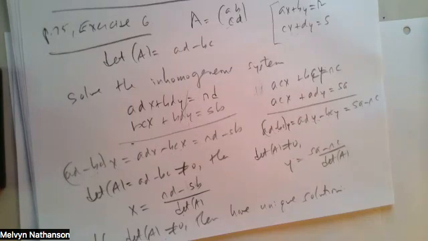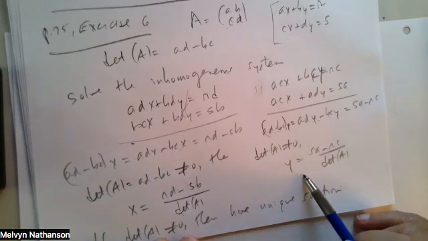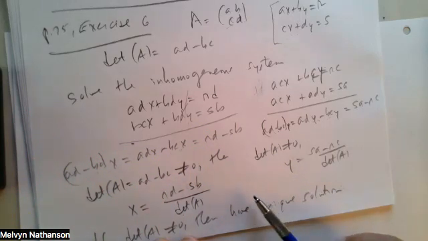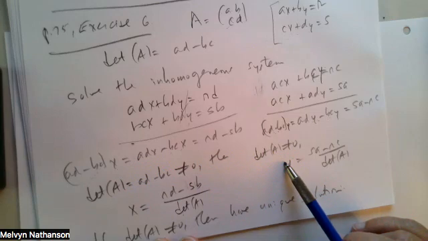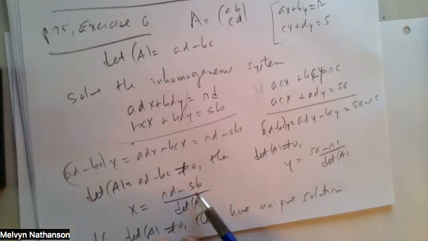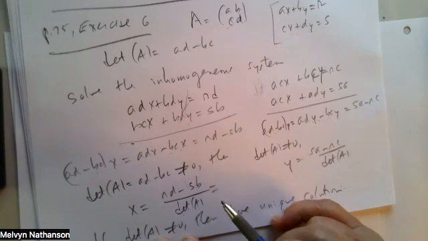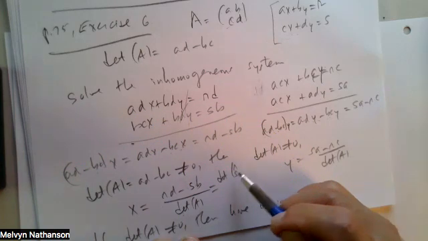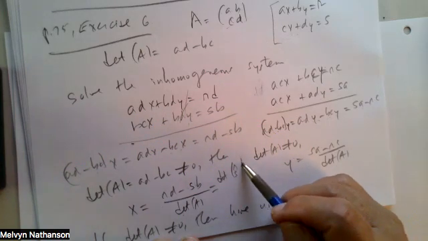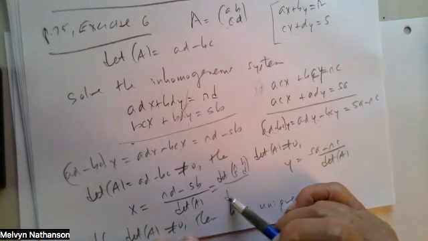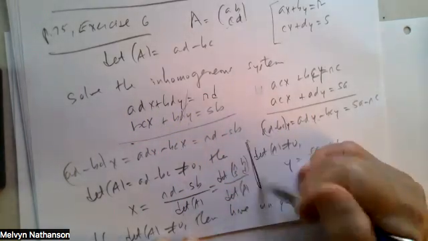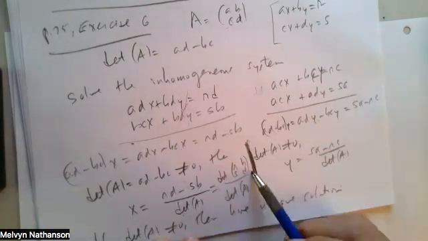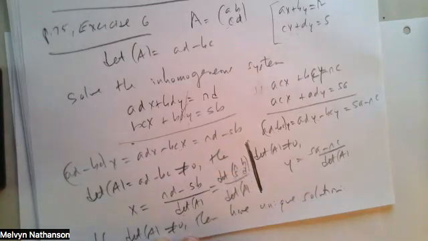And all right, so let me stop for a second. Oh, and I just proved the second part of this also, because if the determinant is non-zero, then x, what is RD minus SB? That's exactly the determinant of the matrix R, B, S, D over the determinant of A, because for this 2 by 2 matrix, the determinant is RD minus SB.